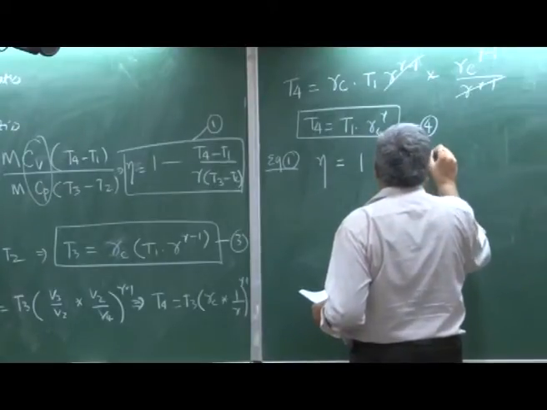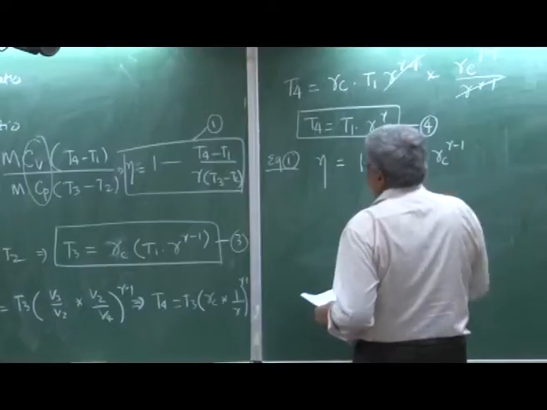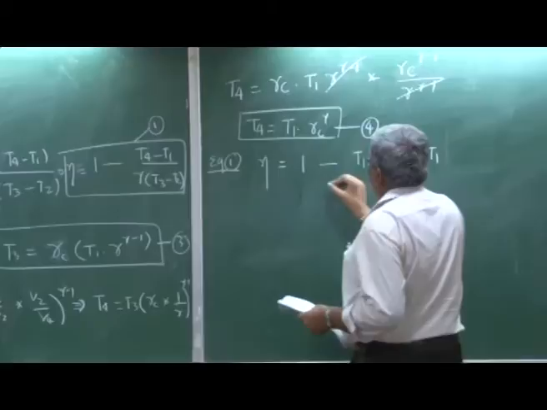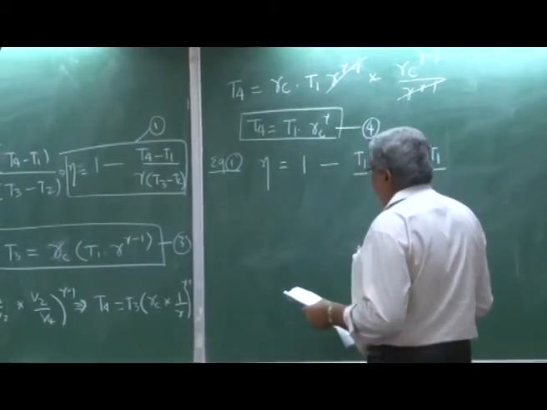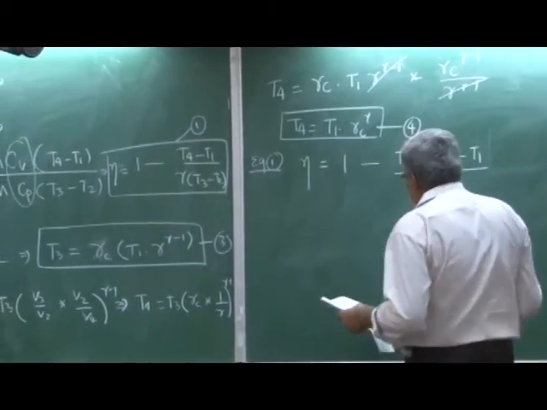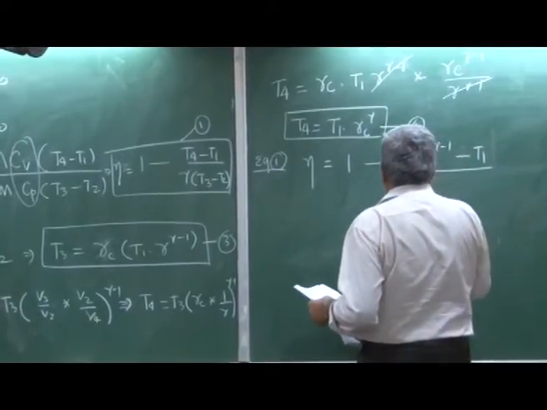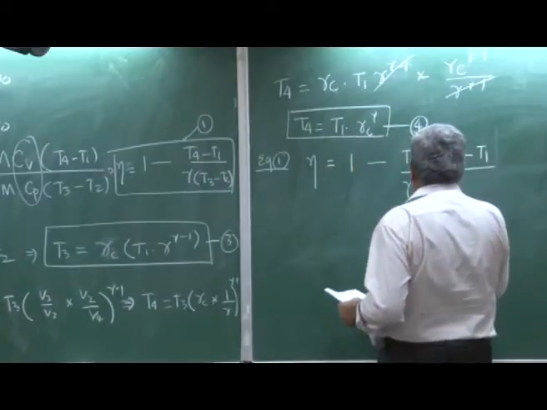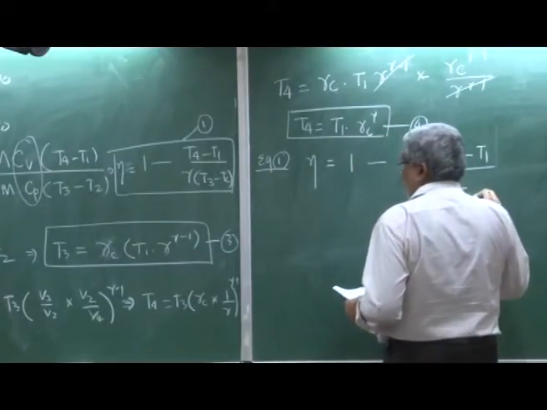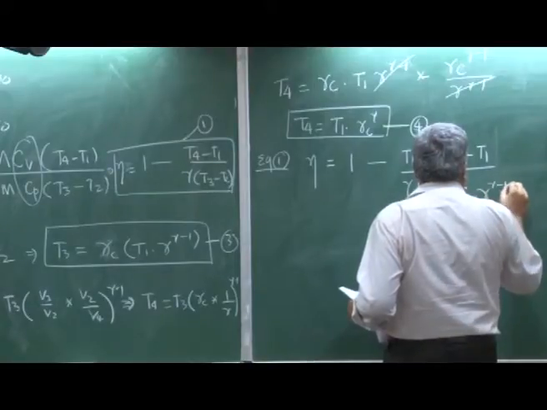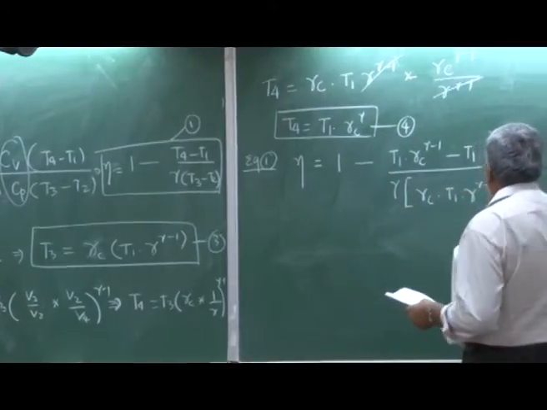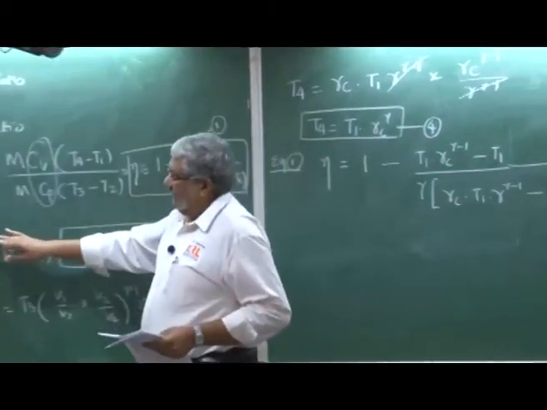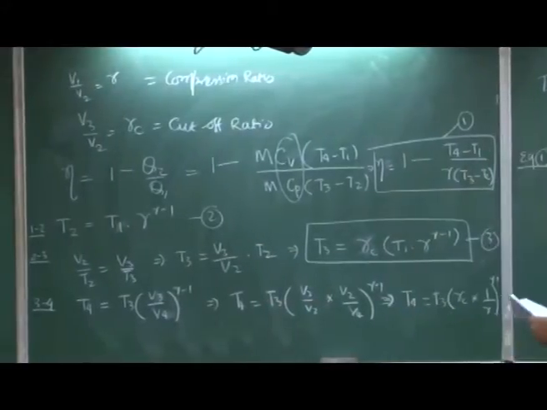T4 is T1 rc to the power gamma, minus T1, divided by gamma, and then I have T3, which is rc into T1 into r to the power gamma minus 1, minus T2, which is T1 into r to the power gamma minus 1.